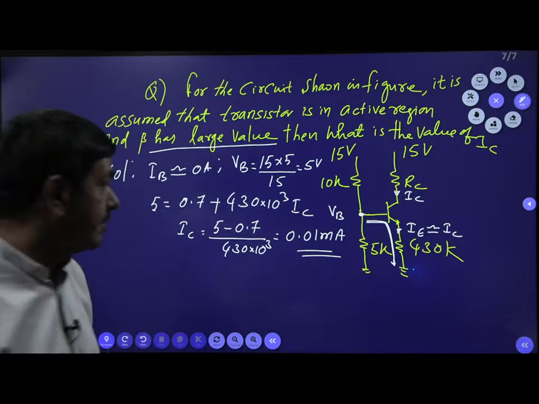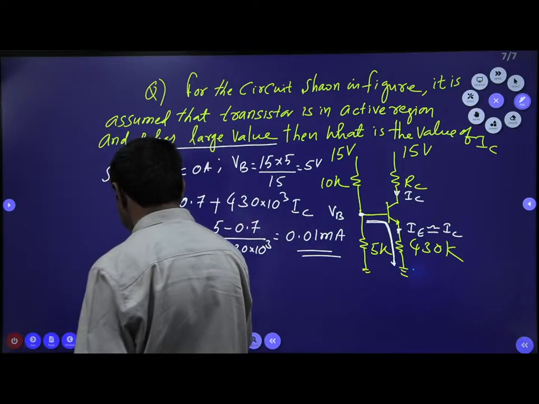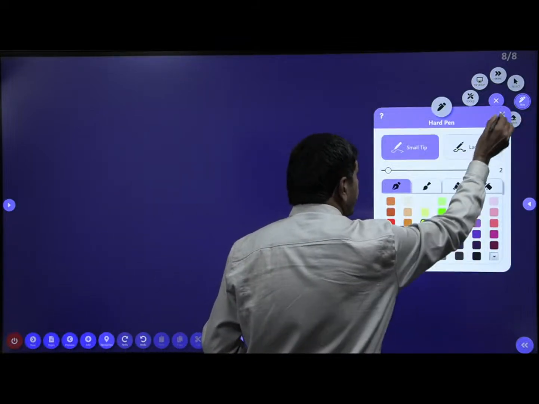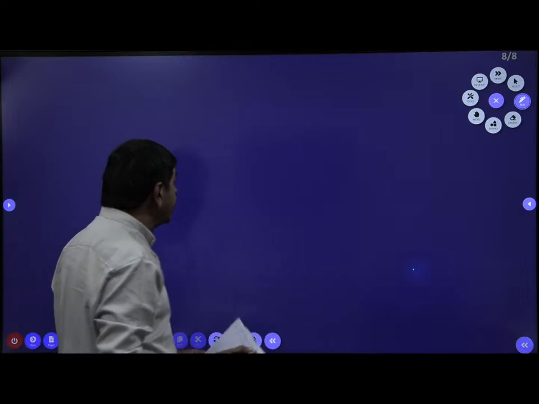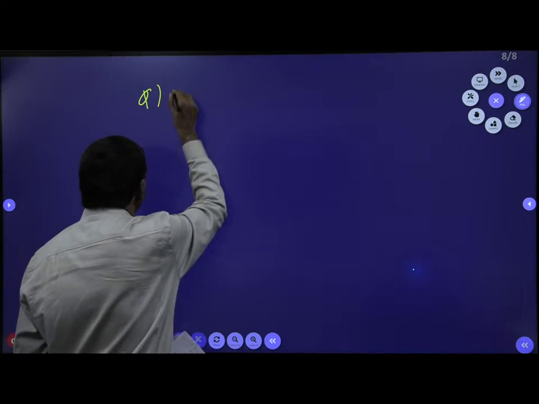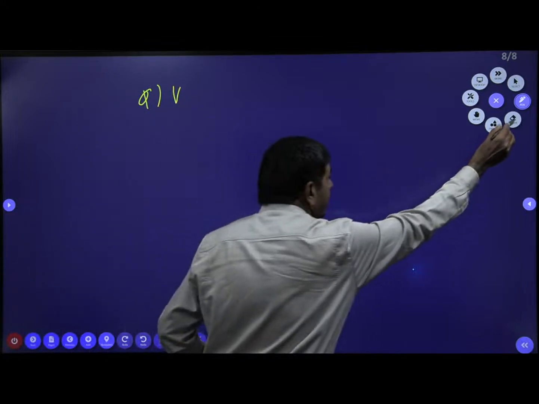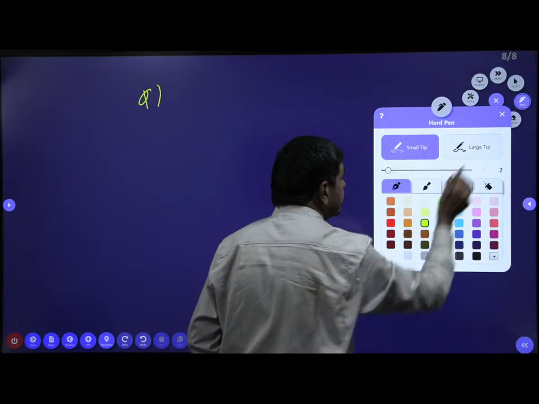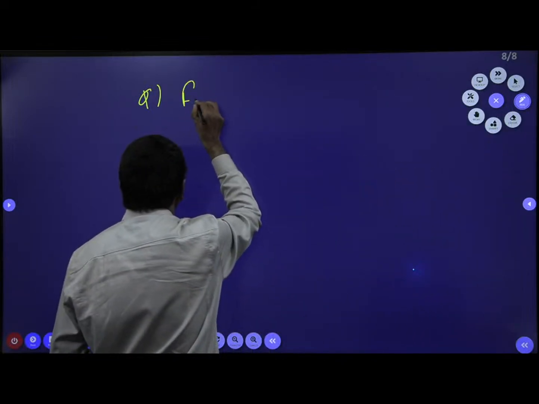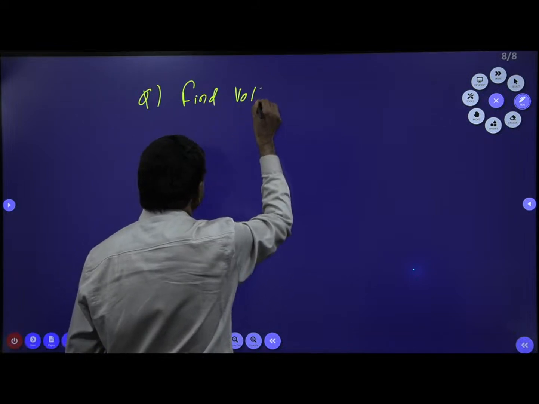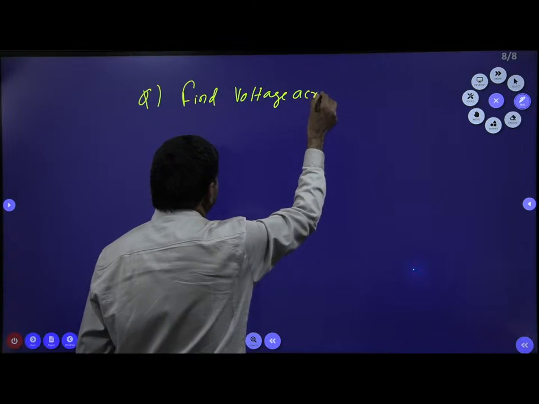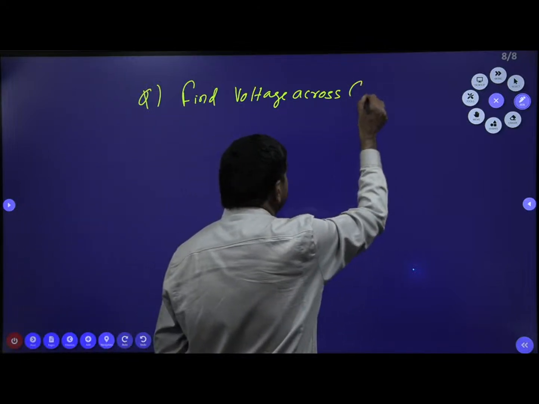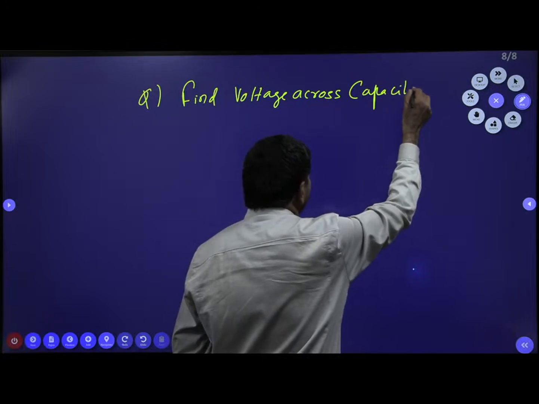I wish to give one more question here now. Find the voltage across the capacitor. The voltage across the capacitor is asked.